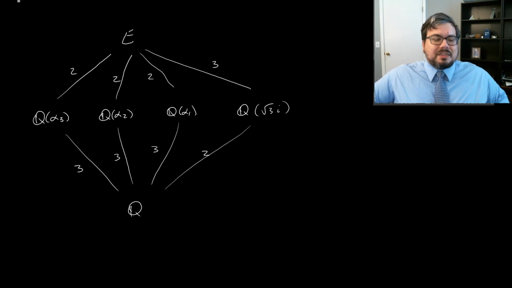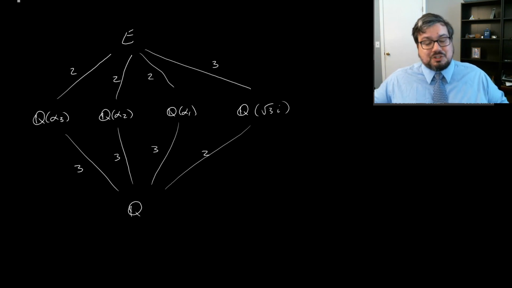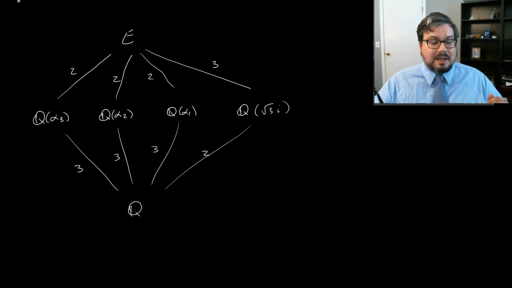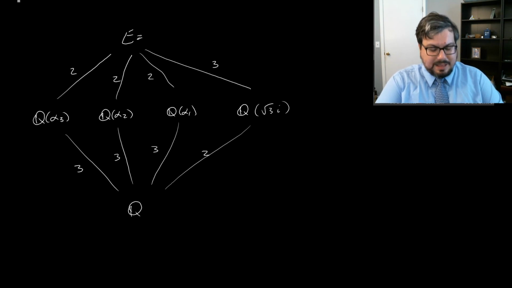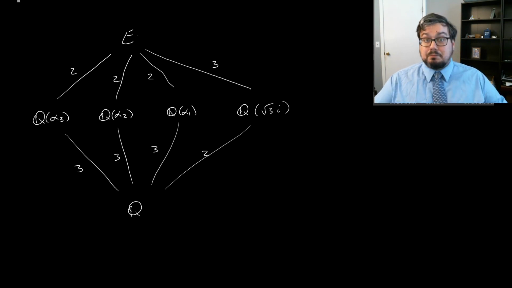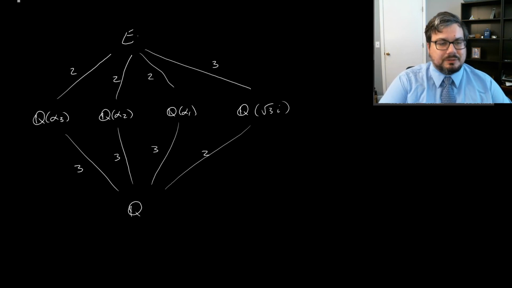But what Galois theory tells us, which is not at all obvious from just looking at this from a field perspective, is that these are the only fields that lie between Q and E. There are only 4 fields that lie strictly between the rational numbers and the splitting field of x cubed minus 2. So this was the splitting field of x cubed minus 2.